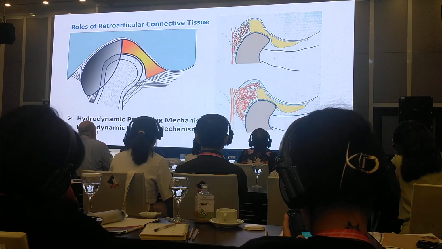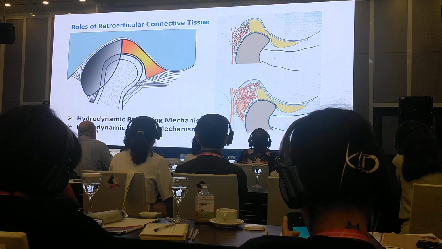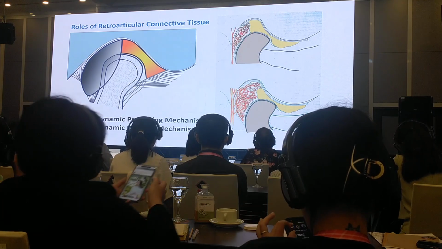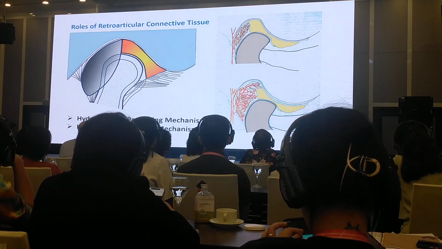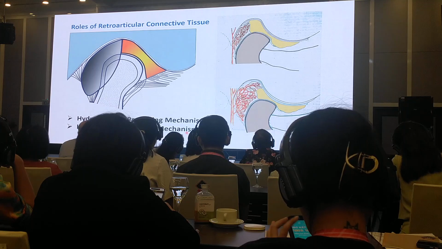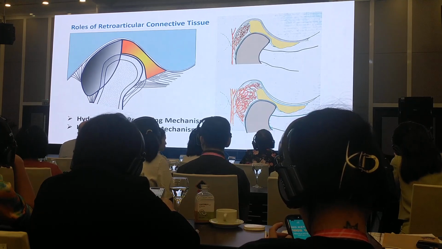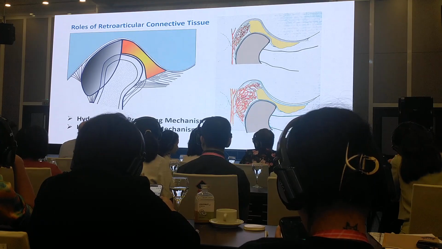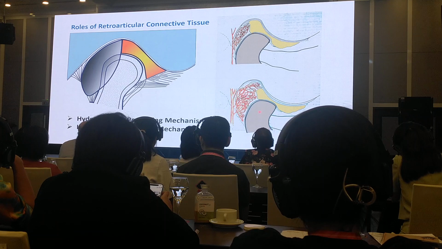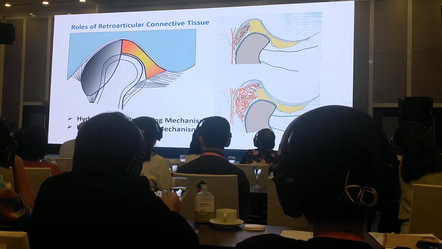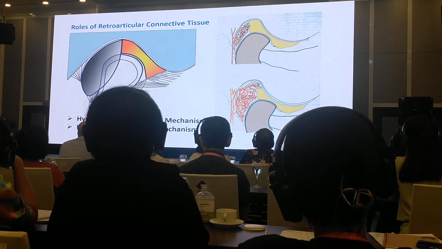The blood supply here into the connective tissue works very nicely. But for the other, the position mechanism, maybe later I will show you the case. Especially when it goes forward.